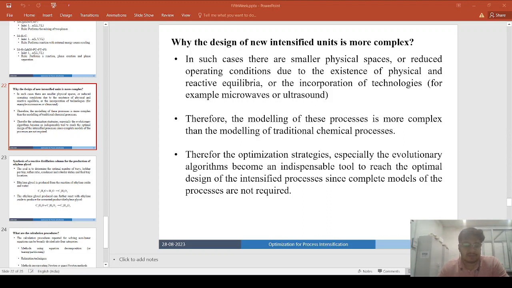And for the extractive thermally coupled sequences for the separation of an ethane and carbon dioxide mixture, the sequences can be simultaneously optimized by minimizing the total annual cost and maximizing the acid gas removal.